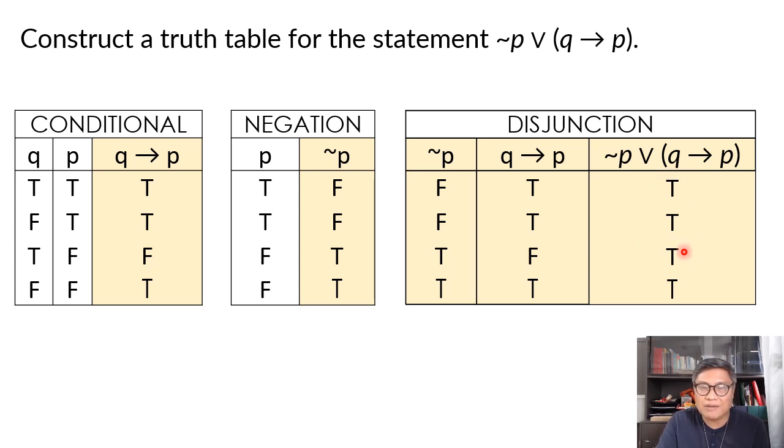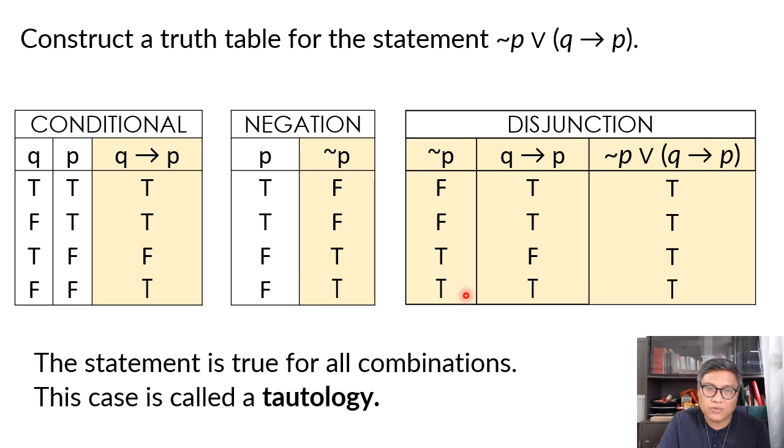If this happens, class, this is what we call a tautology, meaning no matter what combinations we combine here, whether both are false, both are true, one is false, the other one is true, the result, class, is always a true statement.